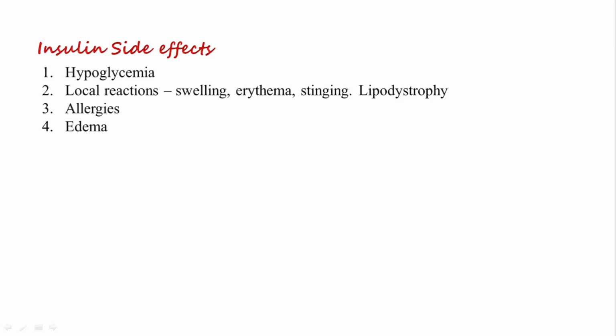The older preparations, the pork and the beef insulin, remember we spoke about how they had impurities. So antibodies were made against those impurities, and every time the patient took an injection, the subcutaneous fat around the site of injection would undergo lipodystrophy. The newer preparations don't have impurities, and as a result they are pretty safe. Local reactions don't happen with newer ones.